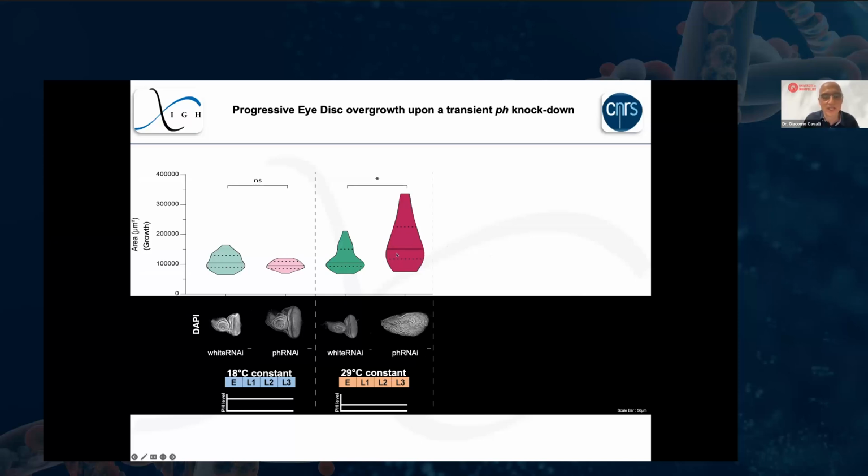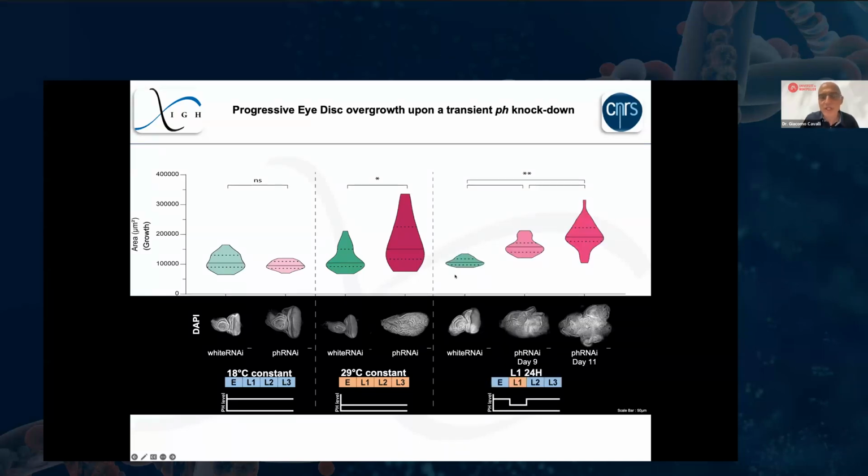Just to give you a scale, for flies, this is happening in 1 week. Okay, so even less than 1 week is sufficient. And if you do this transient depletion, this is for 6 days, this is for 8 days. Actually, the more you wait, the more the tissue grows, and it will finally kill the larva.